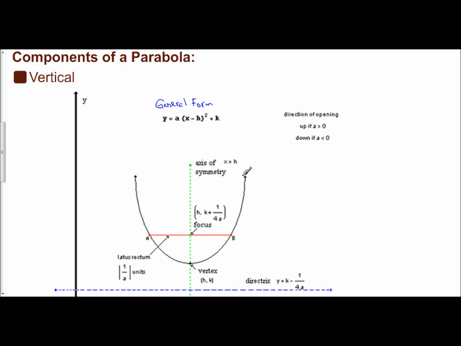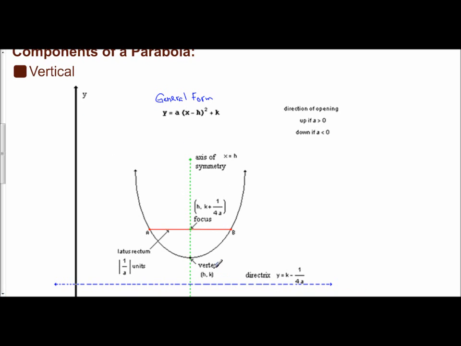Now what we're going to look at is all the different properties, all the different components represented here. The vertex, just like before, is represented by the coordinate (h, k). So we can find our vertex. We were asked to do that same idea back in chapter 5. We also have our axis of symmetry.